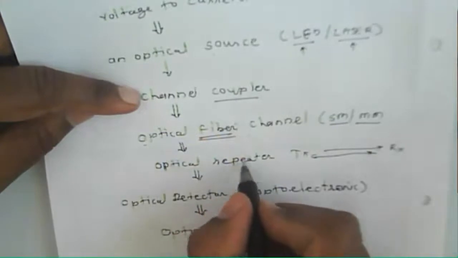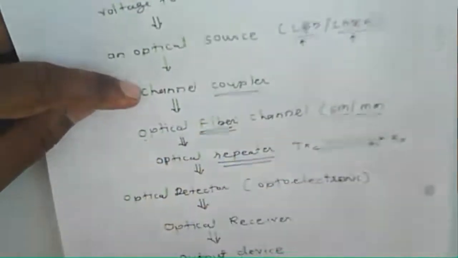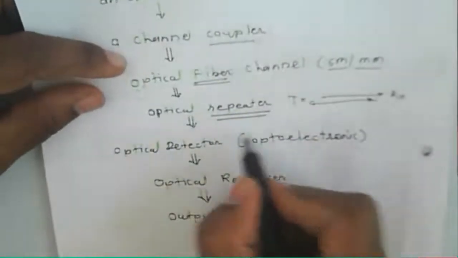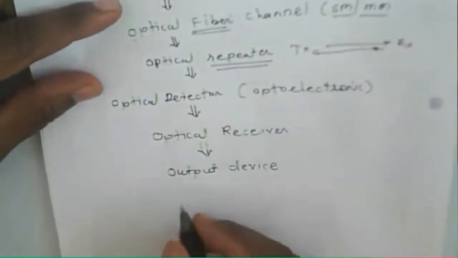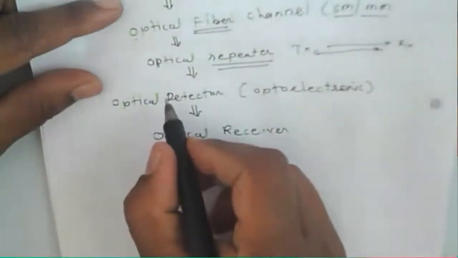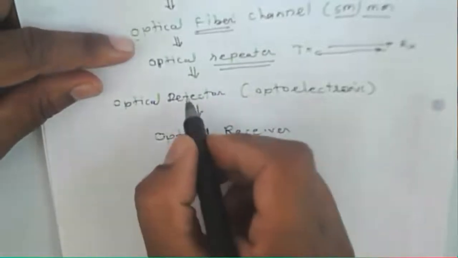For longer distance communication, people mostly use a repeater. That's why an optical repeater is used in between the fiber, and after the optical repeater, at the end, we have a detector.